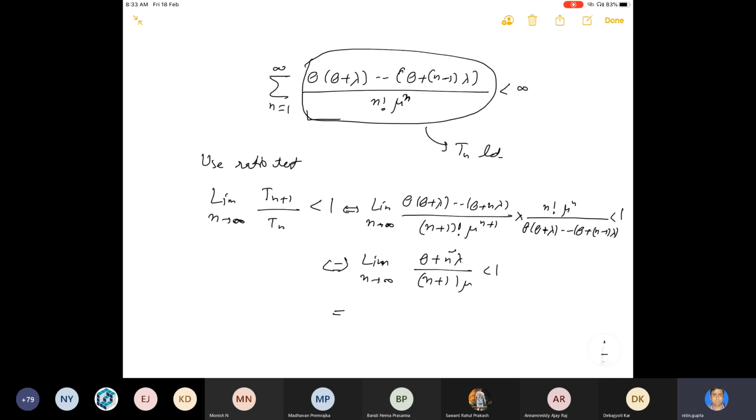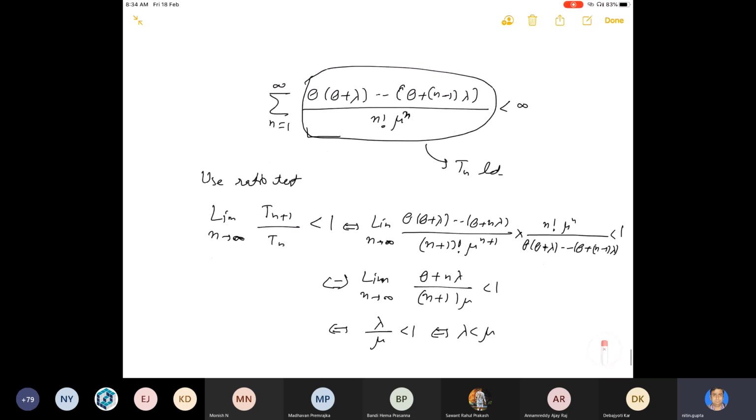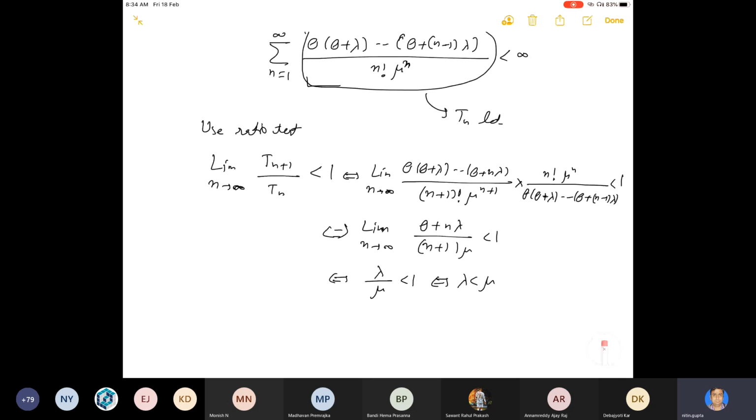So therefore take n goes to infinity, lambda upon mu is less than 1, which implies that lambda is less than mu. That means the linear growth model with immigration, the steady state solution exists or the limiting probability exists if lambda is less than mu. So that is the answer for that. So any question till now?